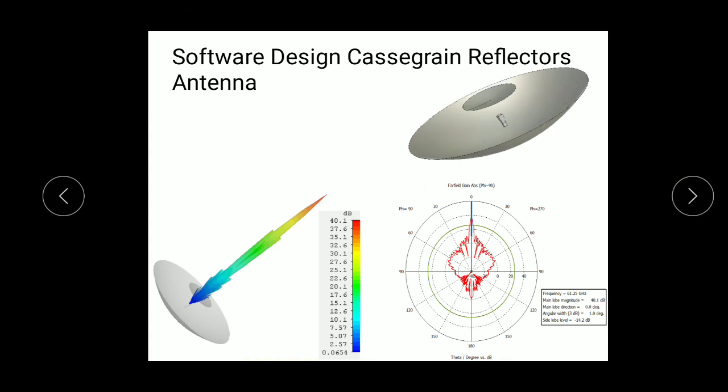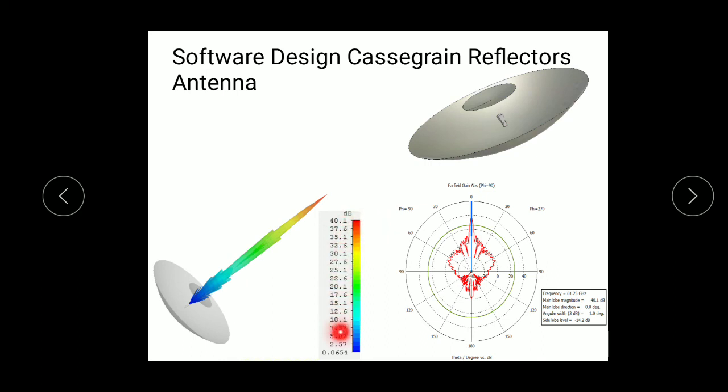This is the view of the Cassegrain reflector antenna designed in the EM software. You can see the primary reflector, the secondary reflector, and the horn antenna. You can see the radiation pattern, the directivity of the same reflector, and in this case the gain is 14.1 dB.